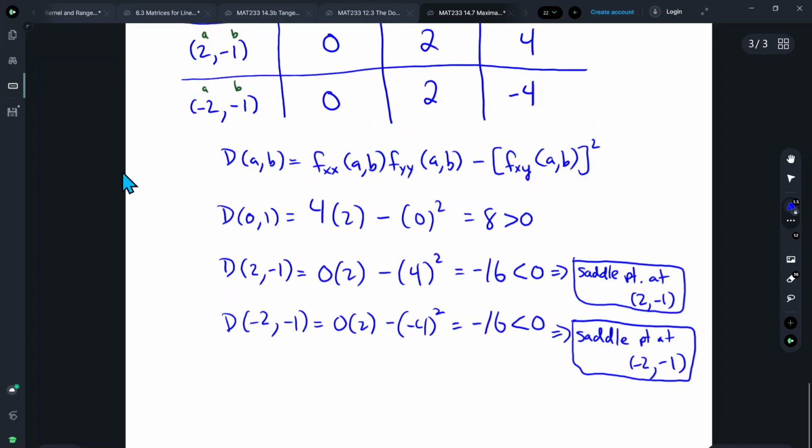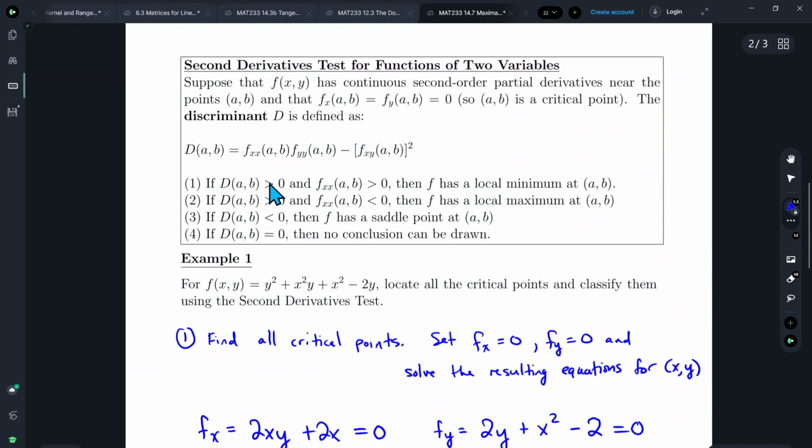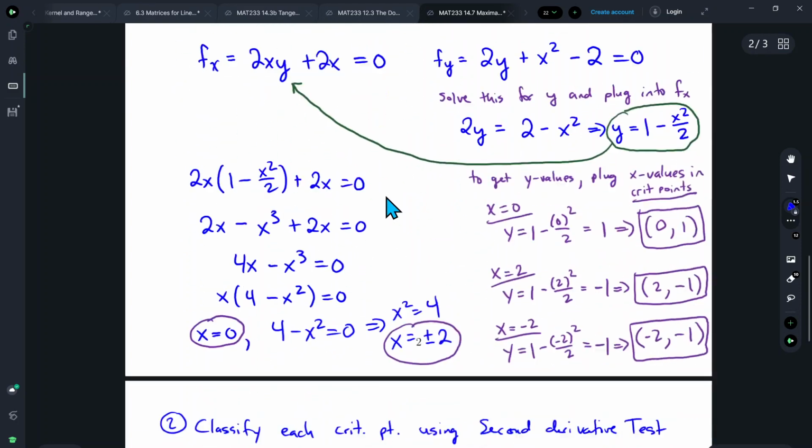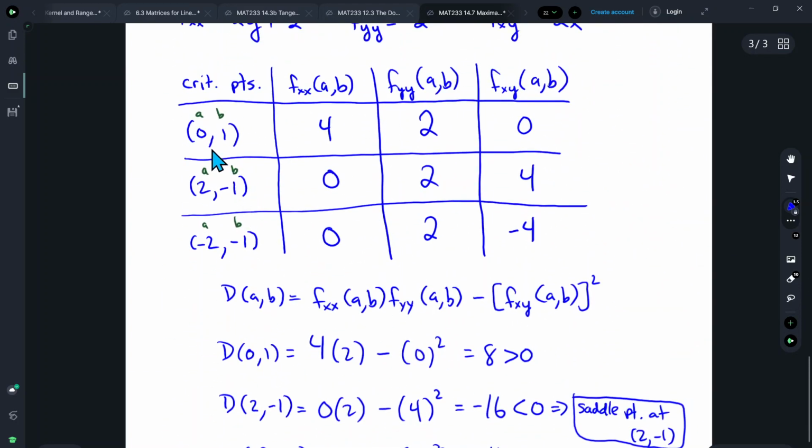And what about this one? When the discriminant is positive, you have to look at the second partial with respect to x and look at whether that is positive or negative. So basically concave up or concave down. In this case, for this critical point, fxx of 0, 1 was positive.